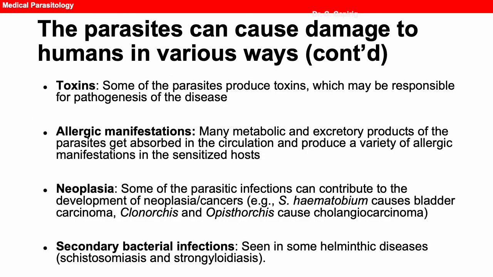Now, toxins can also cause damage to humans. Some parasites produce toxins which may be responsible for the pathogenesis of disease. Allergic manifestations occur because many metabolic and excretory products of parasites get absorbed in the circulation and produce a variety of allergic manifestations in the sensitized host.